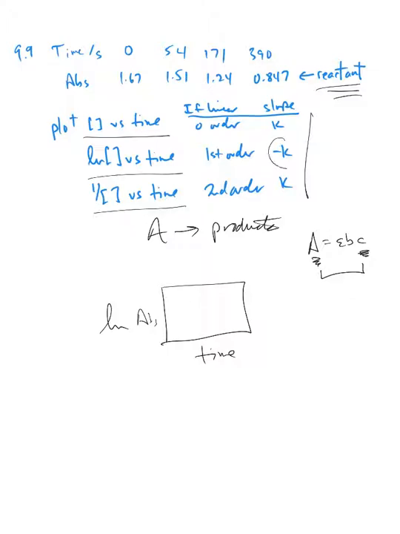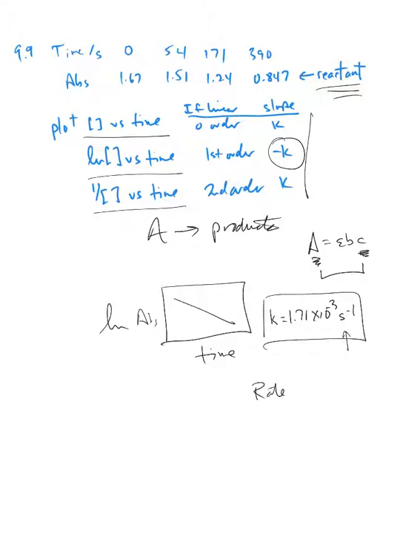Notice that the slope of the line is the negative of k, so we expect a line in that direction, and my data shows here that the negative of the slope turns out to be 1.71 times 10 to the minus 3 seconds inverse. Please note that depending on the order of the reaction, the units of the rate constant are going to change. So I'm just going to call this A.